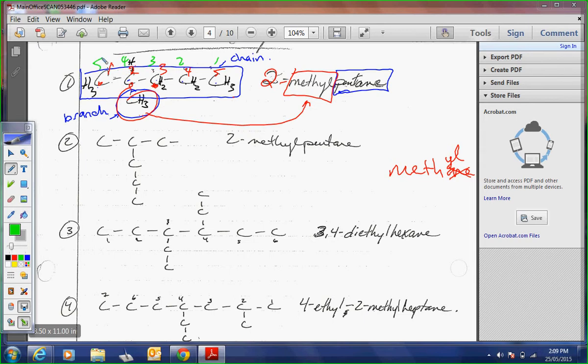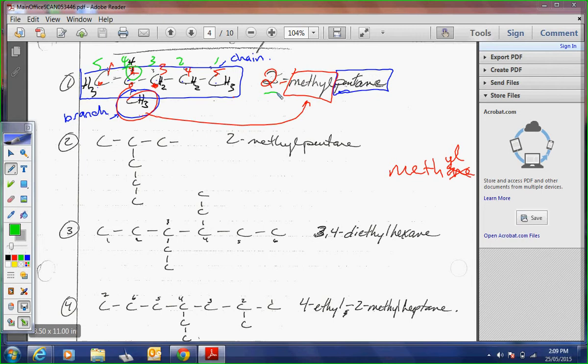And I have a look at which number is the lowest. So who wins here, the red or the green? And red is the lowest number, so it wins. 2 wins, not 4. So this becomes 2-methyl-pentane.